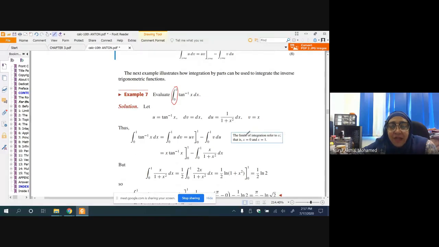Then for uv, you can straight away evaluate uv at x equal to 1 minus uv at x equal to 0. For this part here, you integrate x divided by 1 plus x squared. So how are you going to solve this?